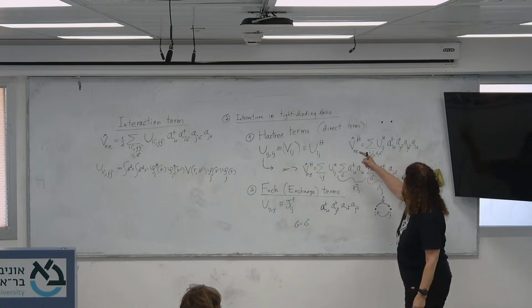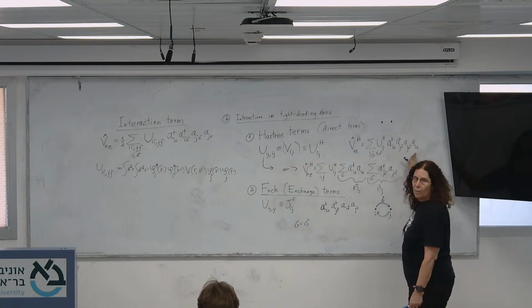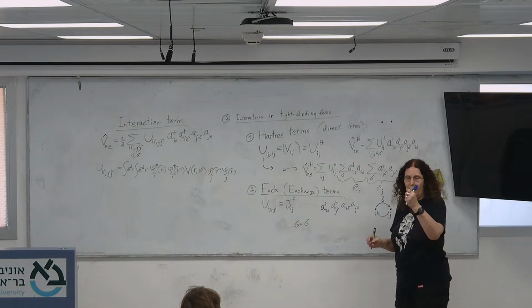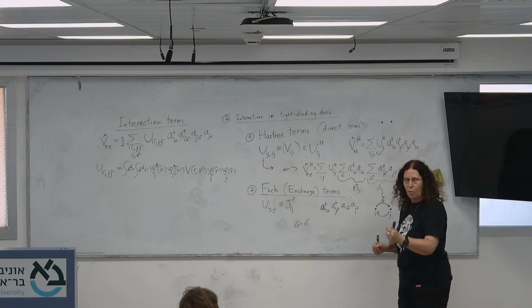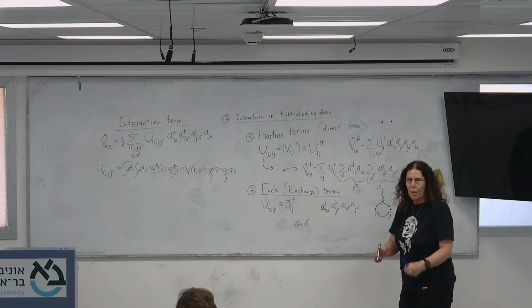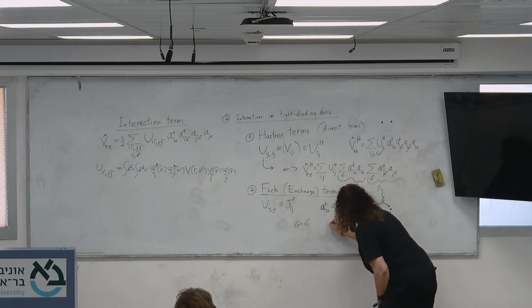In the Hartree part, which is the direct term, you also have a term with the same sigma, but in that term there's no hopping. You have a particle that stays on i and another particle on j. Okay? Now, if you look at the two terms, let me write them down explicitly.